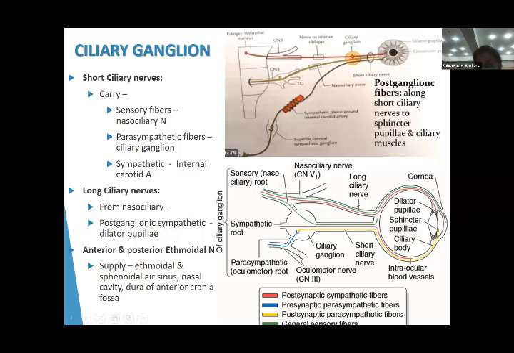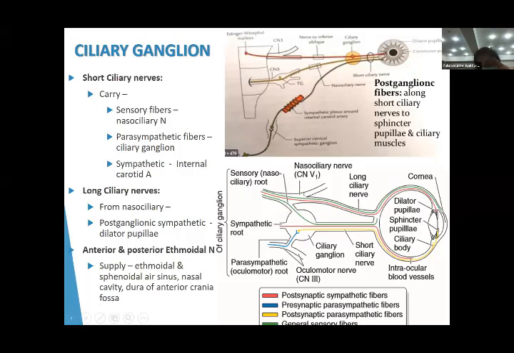अच्छा जी, अब long ciliary nerves पे आ जाते हैं. ये long ciliary nerves है, sensory fibers, ठीक है. ये nasociliary के थ्रू ट्रैवल करते हैं. ये जो carries sensory fibers passing through the long ciliary nerve, ठीक है. ये जो है post ganglionic fibers, post ganglionic sympathetic nerve fibers.